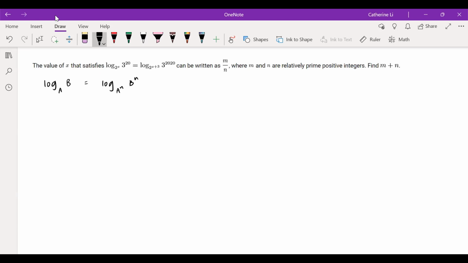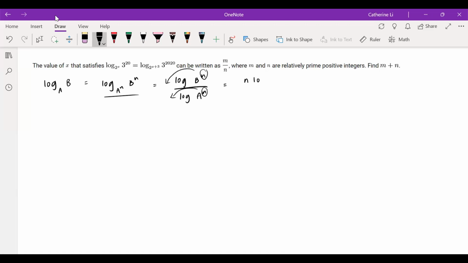So we have that log base a to the n of b to the n is equal to log of b to the n over log of a to the n by change of base. And if we use the power rule now for the n's, we can bring them down and make them coefficients.